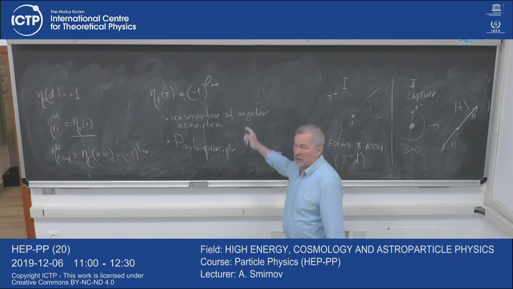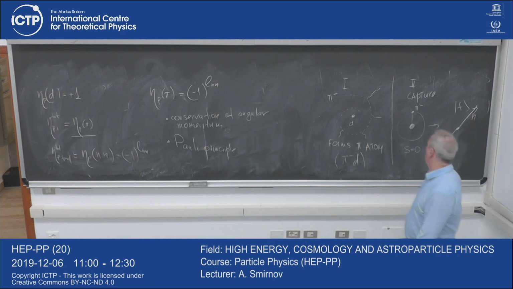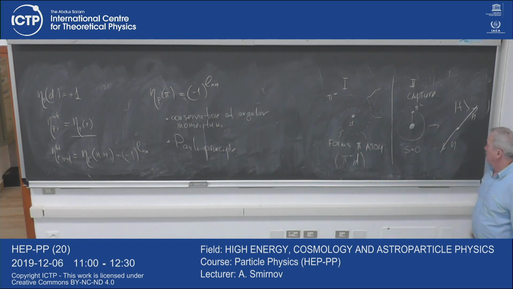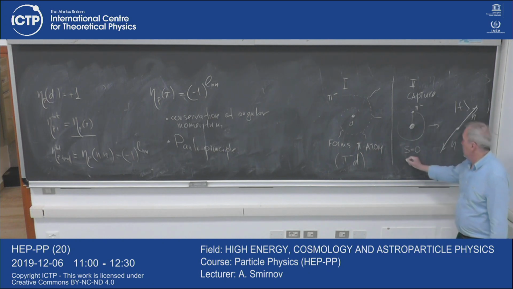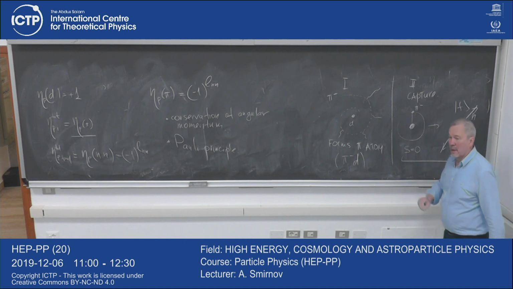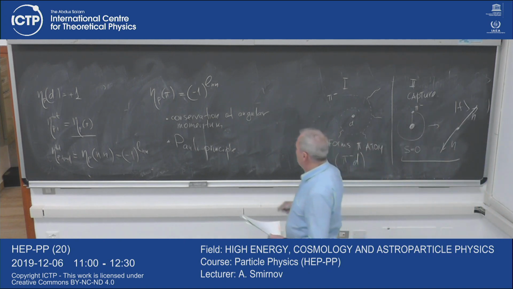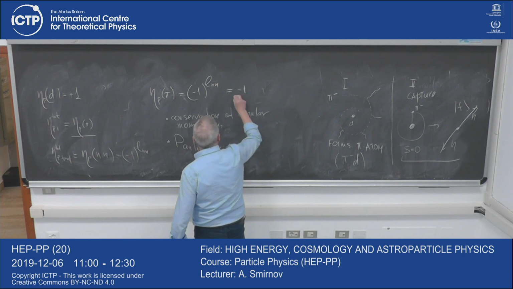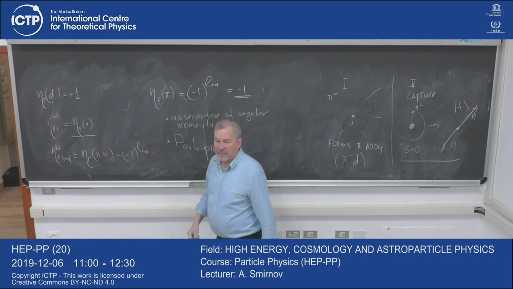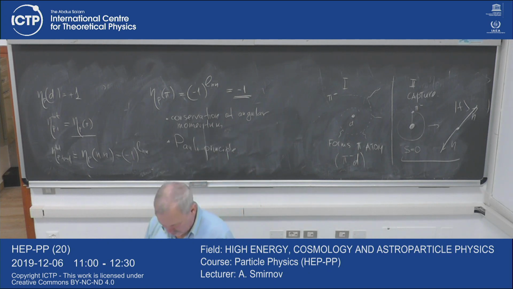And then you use just conservation of angular momentum in the process of this capture of pi and production of 2 neutrons. And then you will get that this is -1. So the parity of pi is -1.